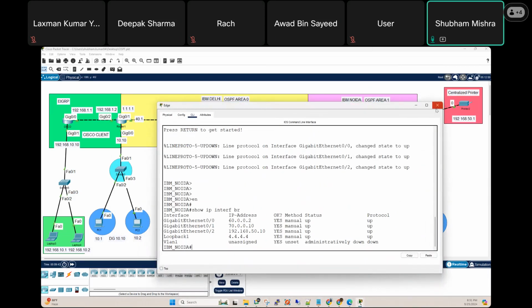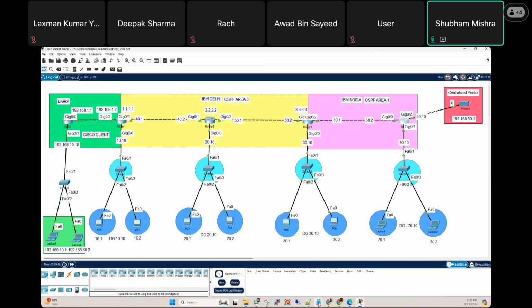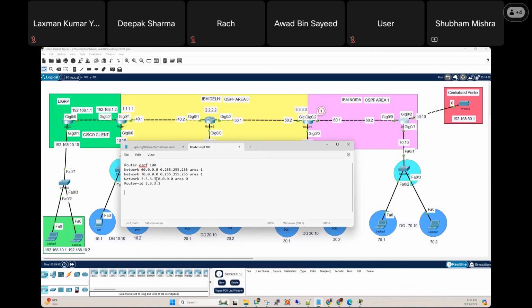So 4.4.4.4, and the router ID will be 4.4.4.4 again. Done? Will the area be 0? No, area 1. Done? Anything else? Yes. Fine. Copy.